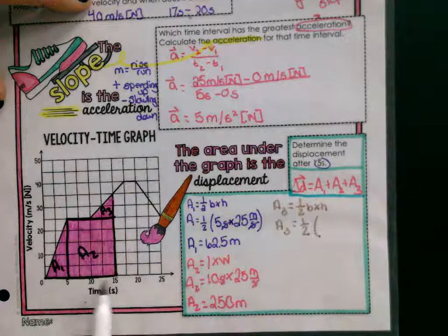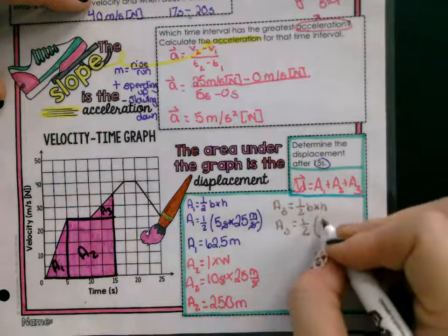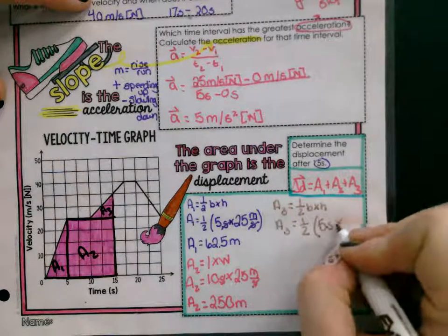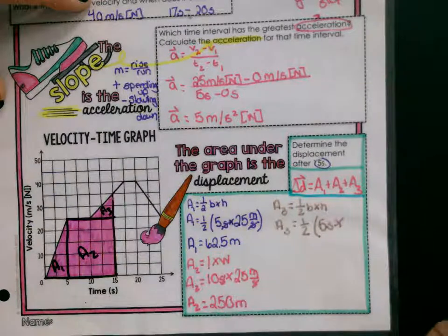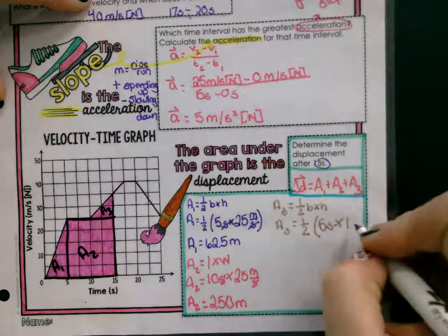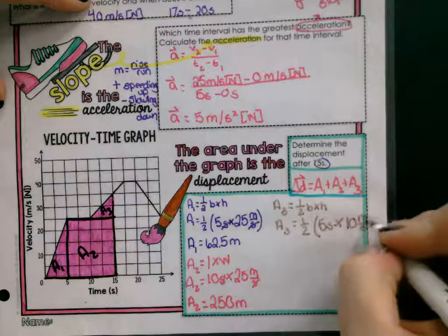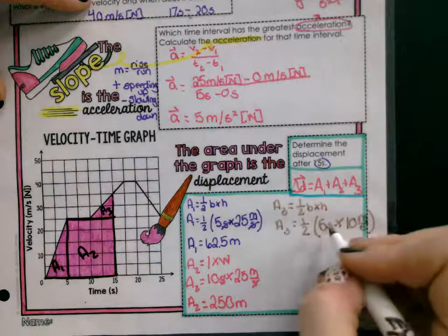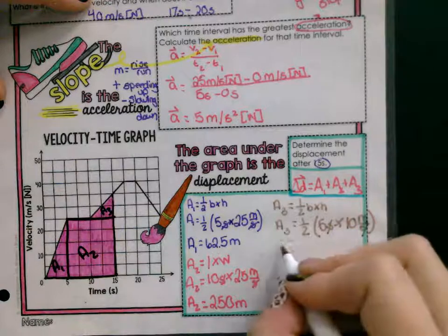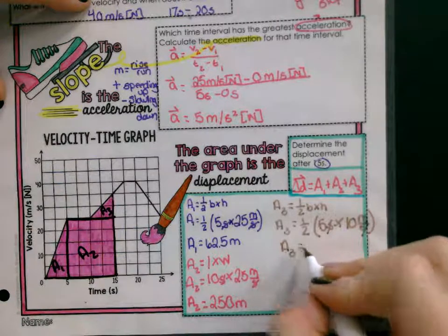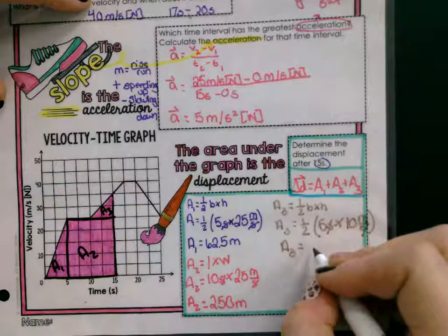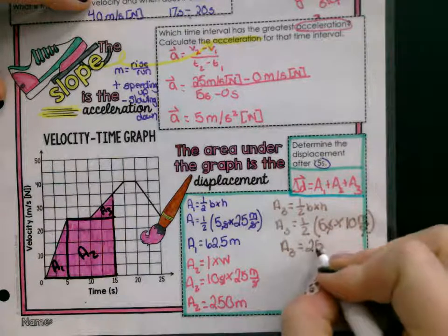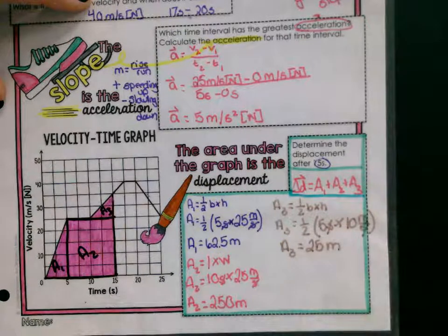My base is only 5 seconds here. My height is 10 meters per second. My seconds cancel, and my area is equal to 25 meters.